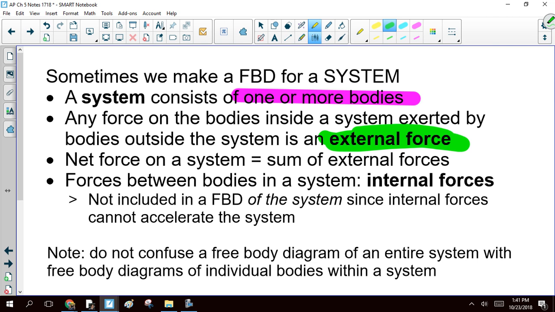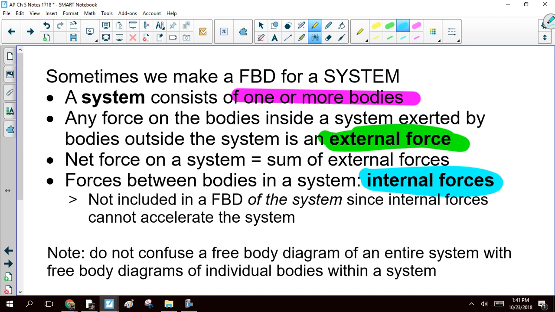The net force on a system is defined as the sum of all of the external forces. Notice you don't need to worry about forces exerted by objects inside the system because those are called internal forces, all right? So if my system is objects A and B, and in the problem A pushes B, that does not affect the net force on the AB system, okay?